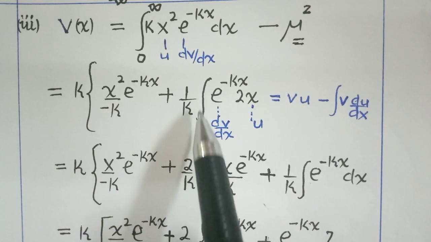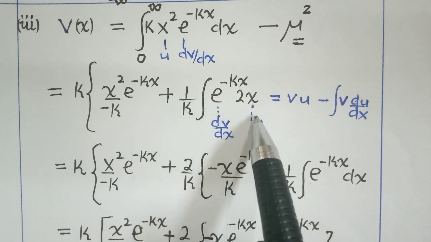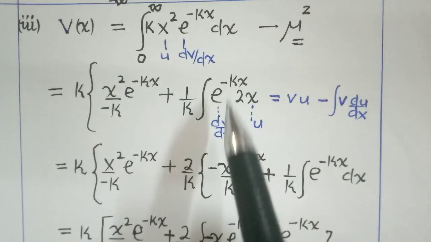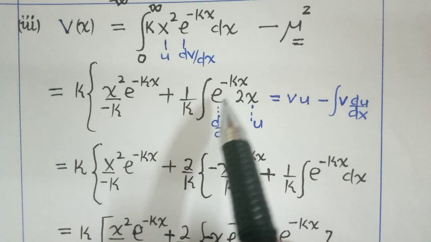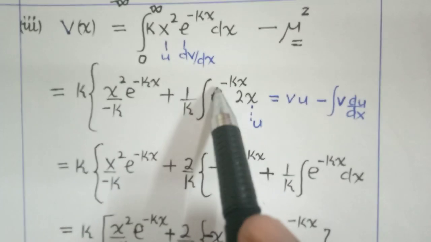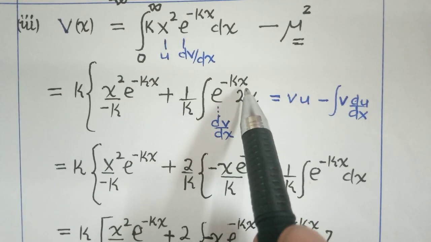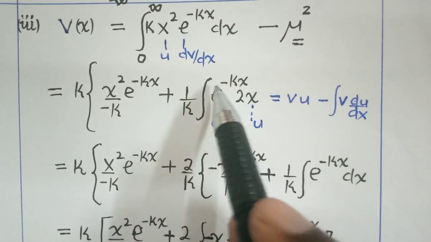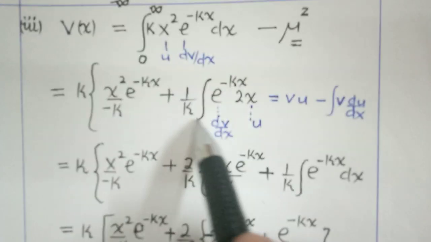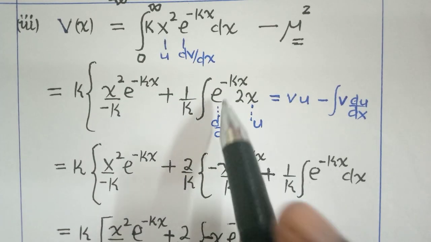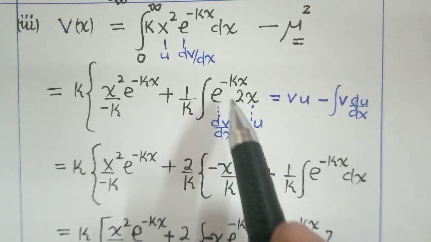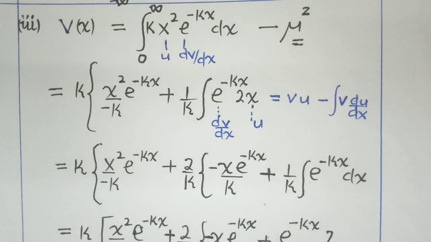This is u and v, and finally here, guys, from this is supposed to be v and du dx. But now, guys, we still have to do integration again here. So we still use the integration by parts.